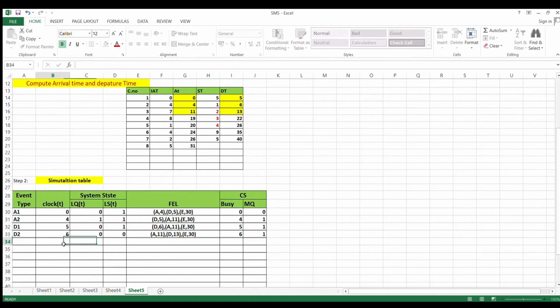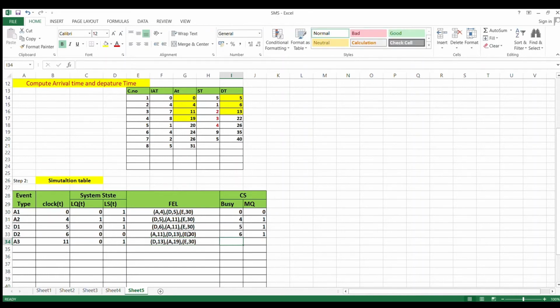So next minimum is 11. I will write A3, no customer in the queue. A3 will move to service. We removed the arrival, which means add the next arrival. So first write down D13, A19, E30.